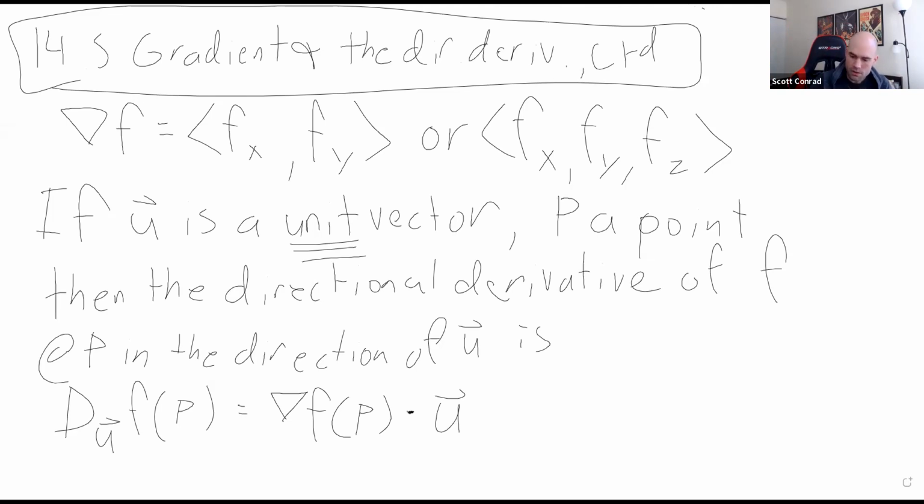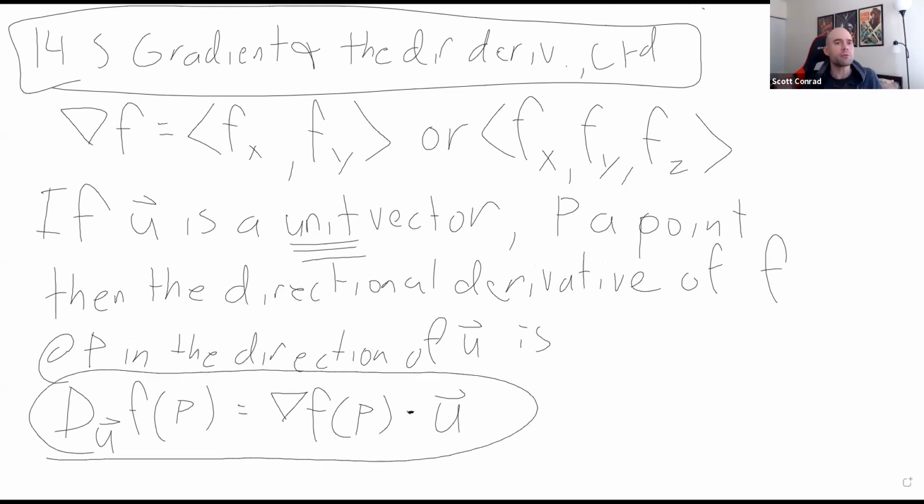Okay, so let's look at this formula here and see if we can figure out any properties of the gradient and the directional derivative. Let me just rewrite the whole thing.